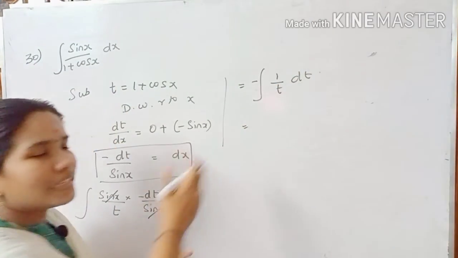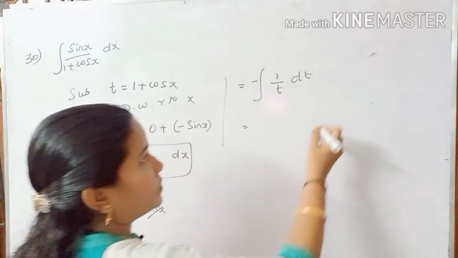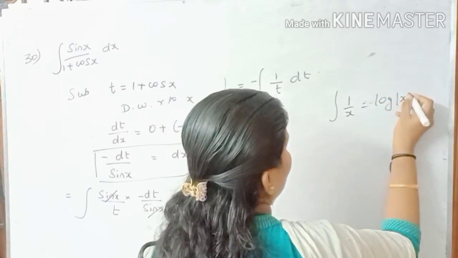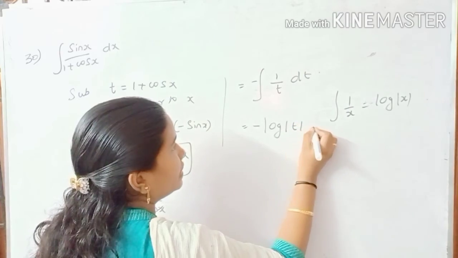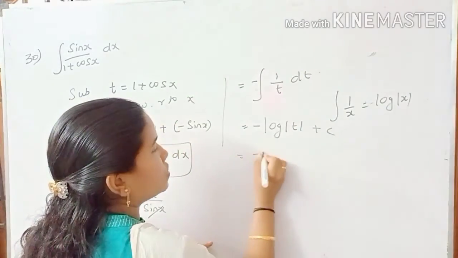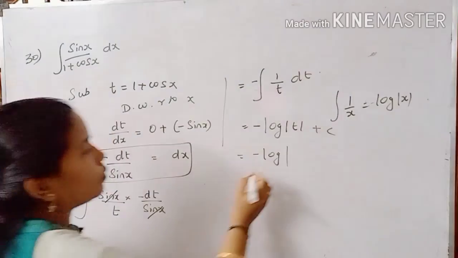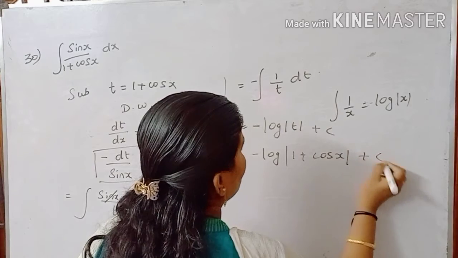So what is the integral of 1 by t? 1 by t is nothing but log mod t. Integral 1 by x is equal to log mod x. So here we have log mod t plus c. So minus log, what is the value of t? T value is 1 plus cos x plus c.